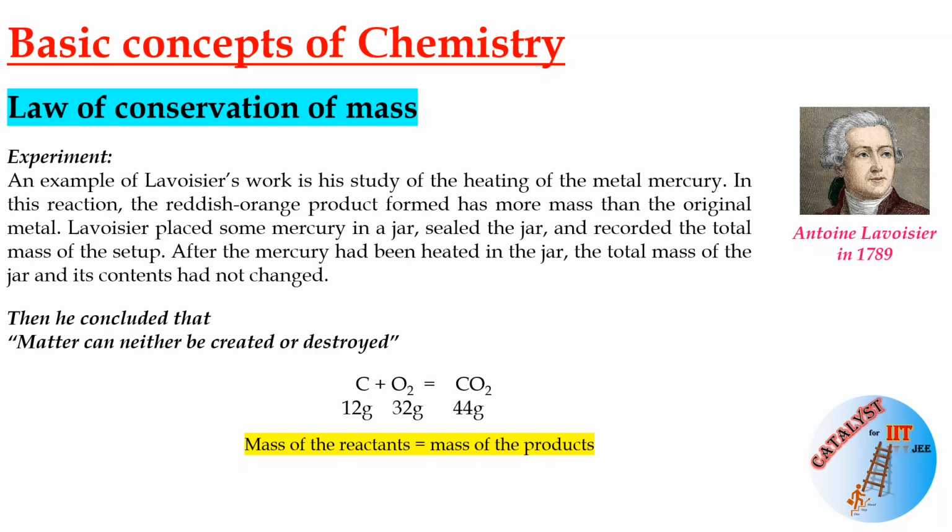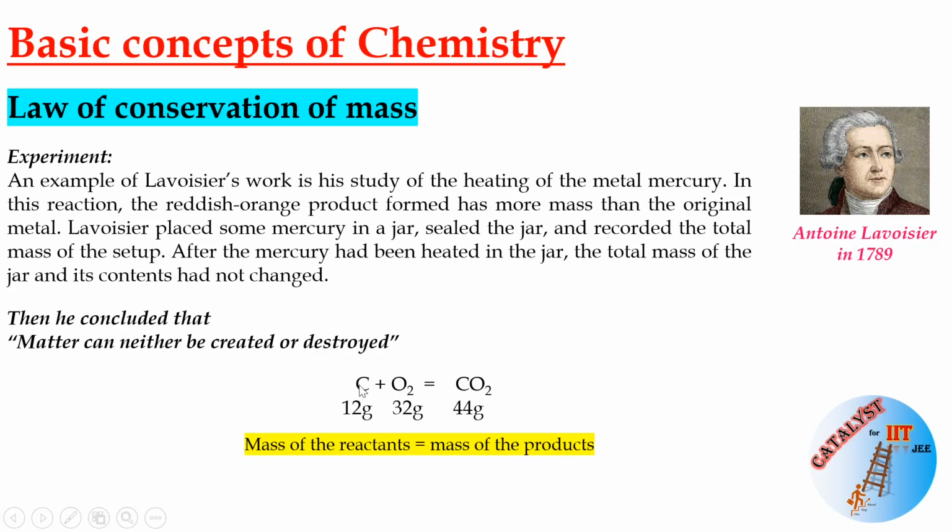Now what he observed was that the mass of the jar and its contents, whatever he had put in, had not changed. He concluded from the observation that matter can neither be created nor destroyed. You can change the form of the matter, but you cannot create or destroy matter.